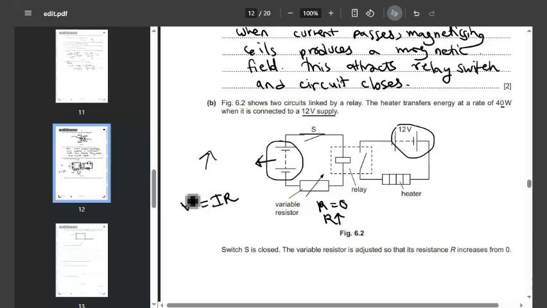So the voltage will remain constant, and when R is increased, the current will keep on decreasing. And when the current keeps on decreasing, the magnetic field of this magnetizing coil will keep on becoming weaker. And at one point it will become too weak that it will not be able to attract this relay circuit. So this relay circuit will become open again.